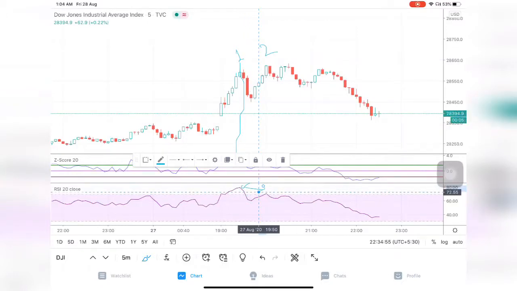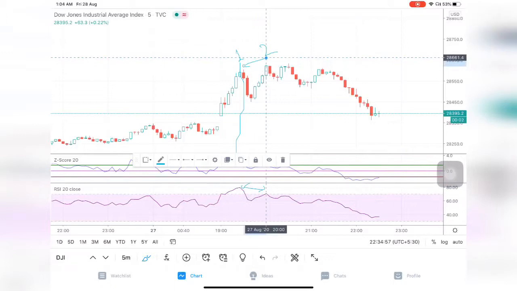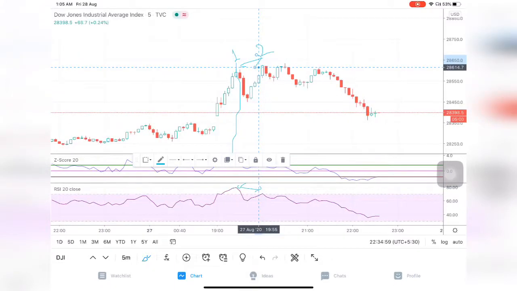Okay, but the trend here is up. So what we got to know is there will definitely be a downtrend coming.